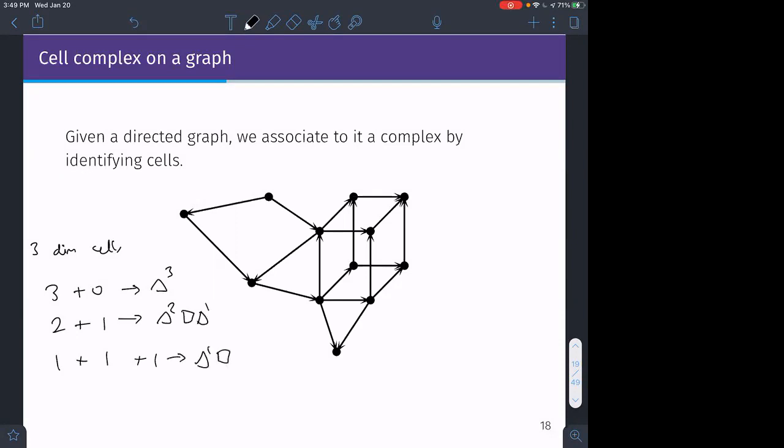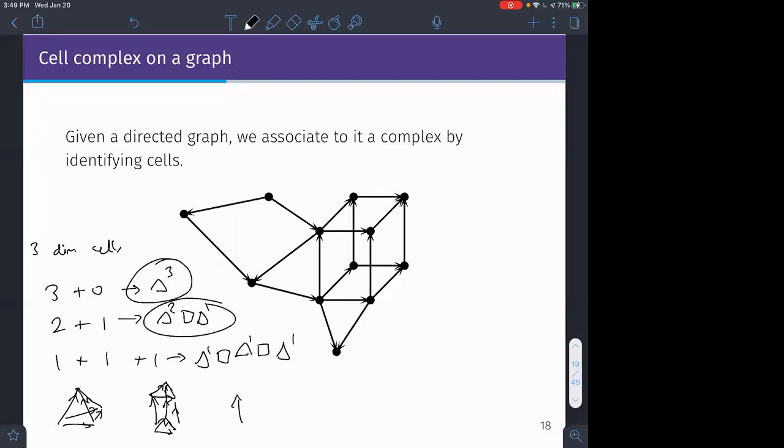So this translates into this, and this. This tells me that the three-dimensional cells are a tetrahedron that is consistently oriented, that's this one, the product of a triangle with an edge, which is the triangular prism, and the three-dimensional cube, which is this one.